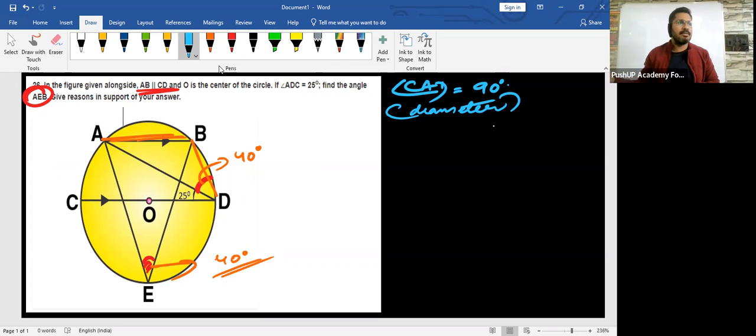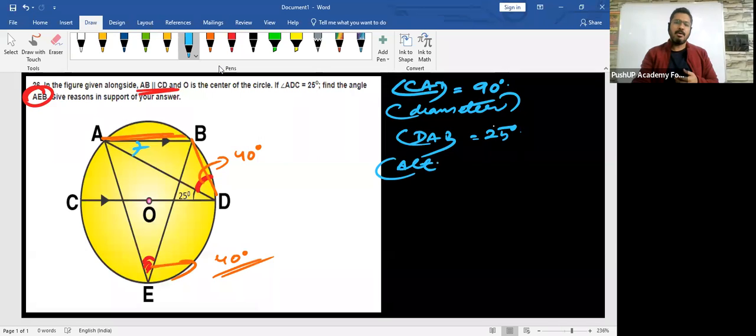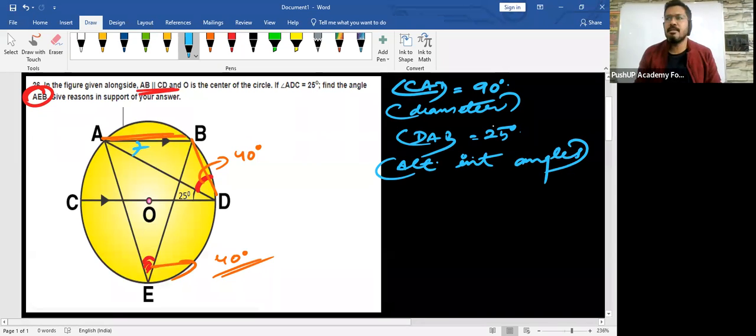This is a matter of common sense from the examiner's side also. You should understand. Then, children, you mentioned angle DAB. How much was angle DAB? It's 25 degrees. And what reason will you mention? Alternate interior angles.